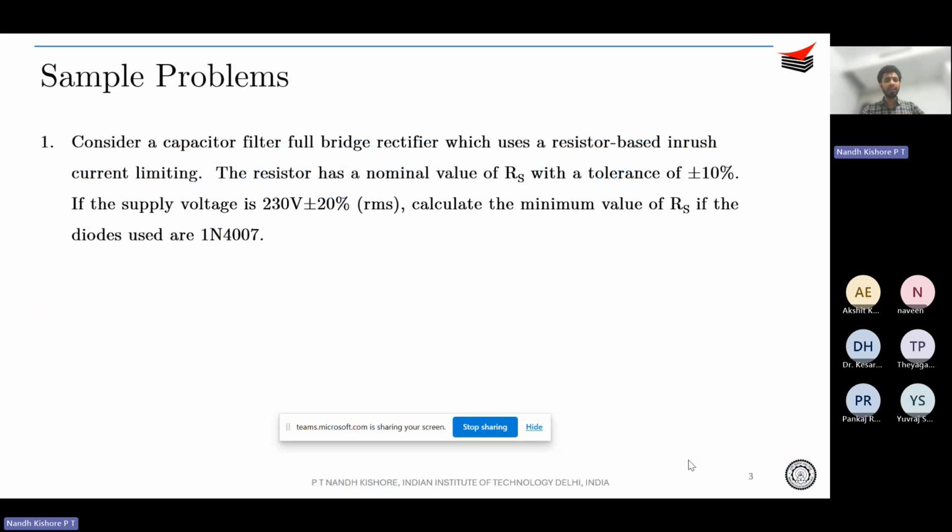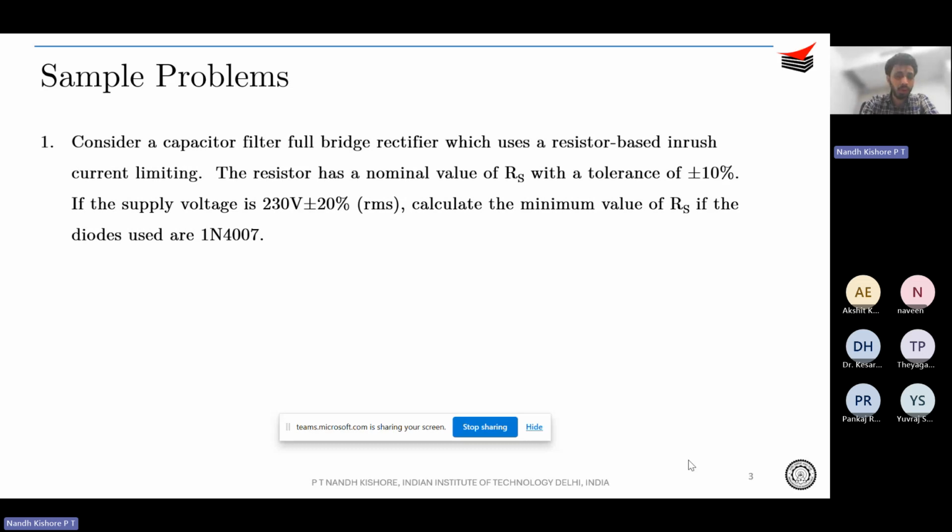So consider a capacitor filter full bridge rectifier which uses a resistor based inrush current limiting. The resistor has a nominal value of Rs with a tolerance of plus minus 10%. If the supply voltage is 230 volt plus minus 20% RMS, calculate the minimum value of Rs if the diodes used are 1N4007.